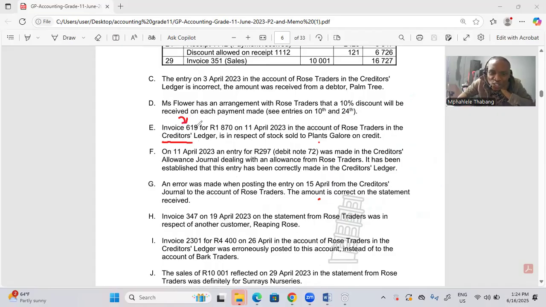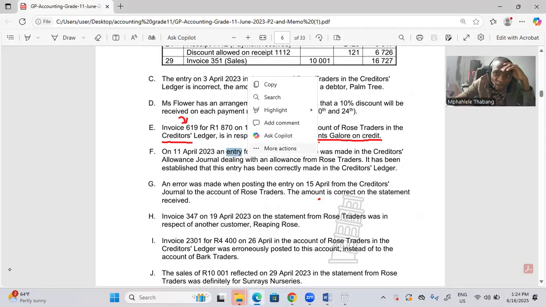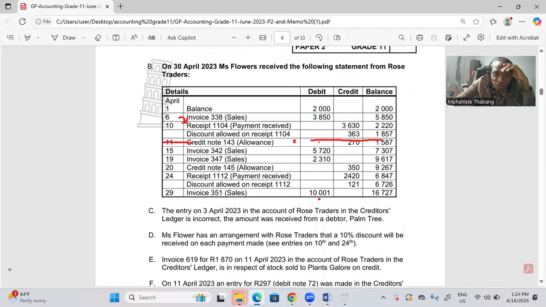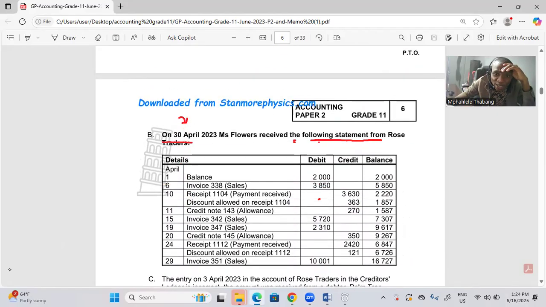They are saying invoice 619 for 1,870 on 11 April 2023 in the account of Rose Traders in creditors ledger is in respect of the stock sold to Plants Galore on credit. So let's go to the creditors ledger and check this 1,870.